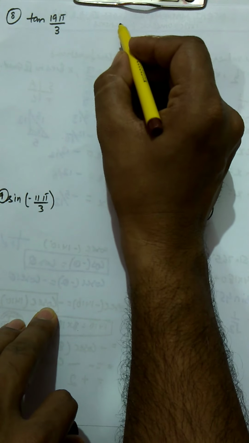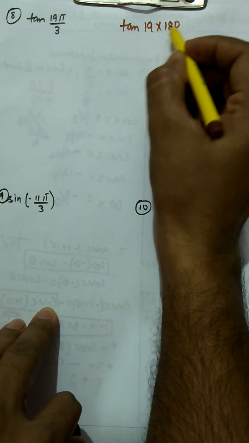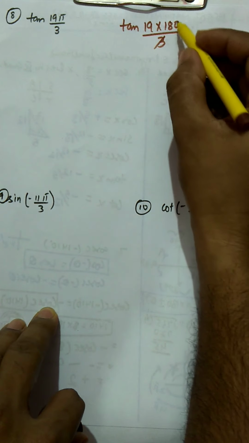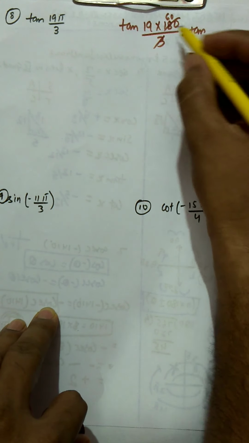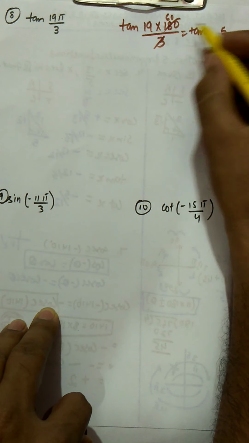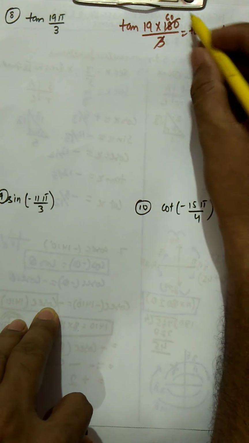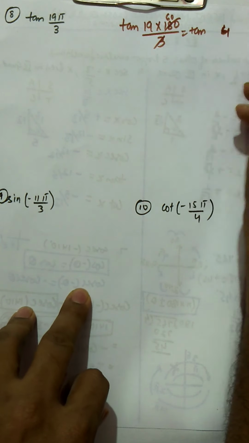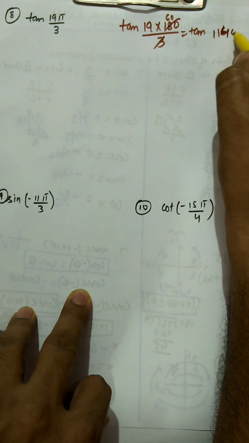You see, this is 19 into 180 upon 3. So you know this is 60. So you can further write 19 into 60, which comes to 1140.